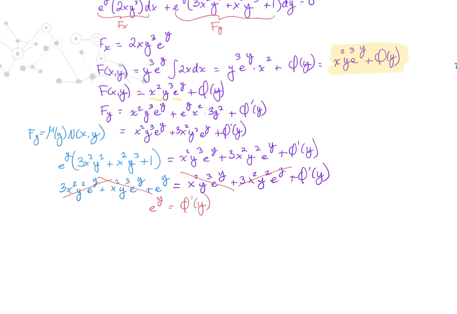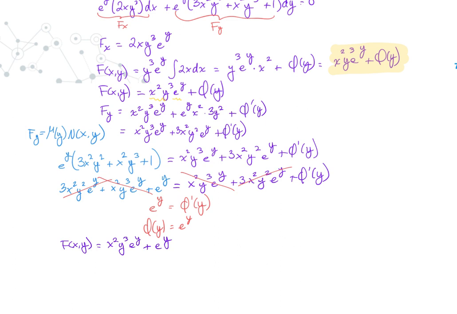And I hope that it's fairly obvious then that if we integrate both sides, phi of y is simply e to the y. And remember, we have an implied plus c, but we're letting that constant be 0. So now we can go all the way back to our f of xy and say, okay, it equals x squared y cubed e to the y plus phi of y, which is e to the y.